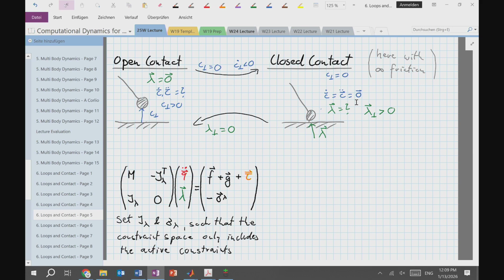Because if it's 0, I know I'm basically transitioning into this other case. As soon as this is 0, I already know I'm in this open contact scenario where the lambda is 0, but now I can get a positive contact distance. And sort of the other way around, I always say this contact distance has to be positive because as soon as it is 0, I'm transitioning into closed contact. And strictly speaking, there's somewhere in between, this case where the contact distance is 0 and the contact force is 0, right? And that's exactly when we do the transition.